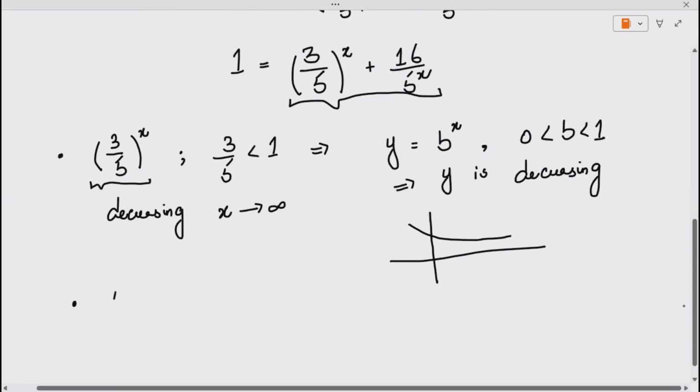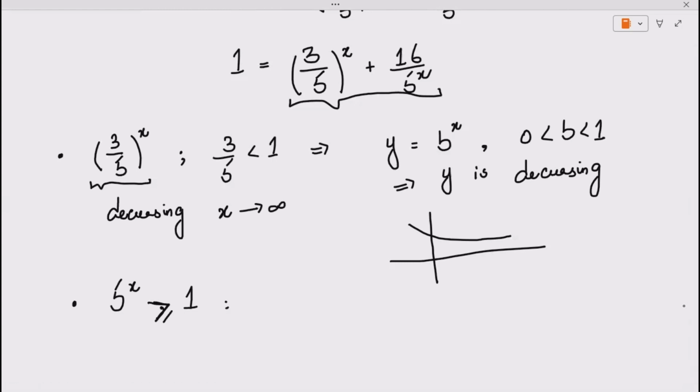So we have 5 to the power x. Now 5 to the power x, we know it is greater than 0, right? 5 to the power x is actually greater than or equal to 1, because if x is 0 then 5 to the power x is 1. It means that 5 raised to the power x is an increasing function.